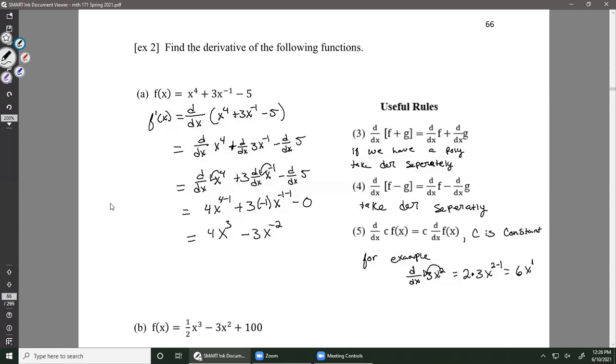I am perfectly okay if on the test you tell me that f prime of x is equal to 4x cubed minus 3x to negative 2 plus 0. So if you look at it and you have these rules really down pat, and you're just like, oh, that's the derivative, I'm fine with that. But if you like the steps, then keep up with the steps.